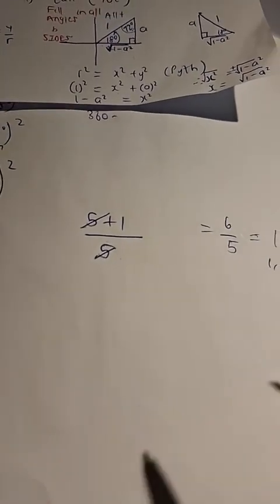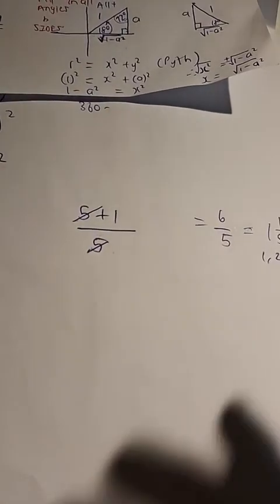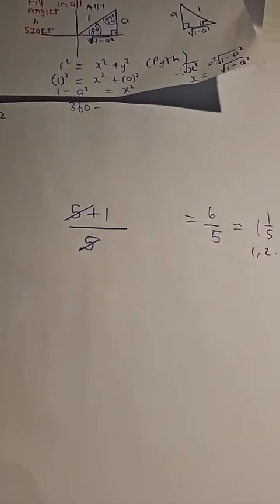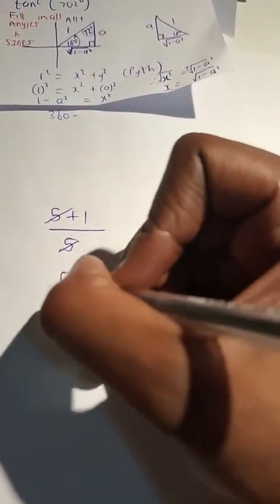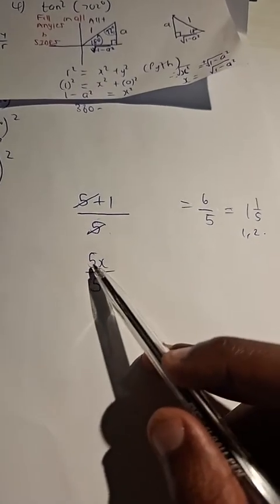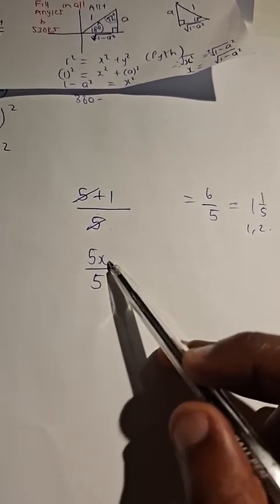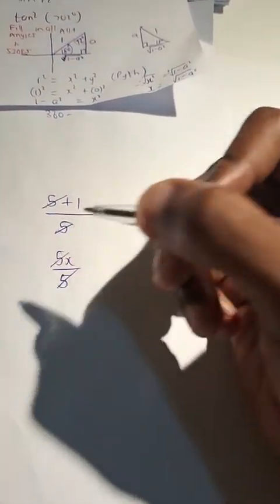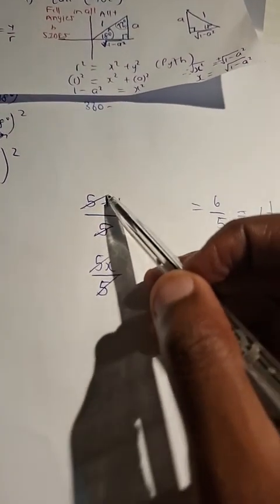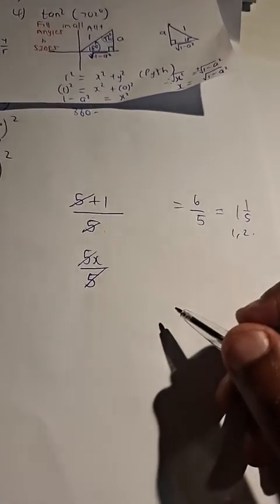We don't cancel across an addition or subtraction sign. Please, we do not do that. It's a different story when it's something like this: the relationship between 5 and x is multiply. We can cancel across a multiplication sign, but we cannot cancel across an addition or a subtraction sign.